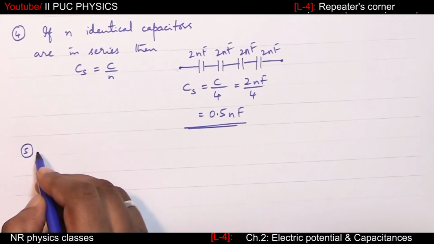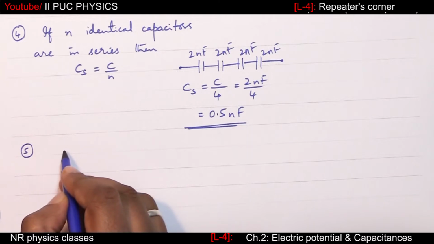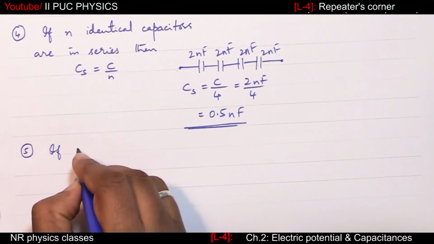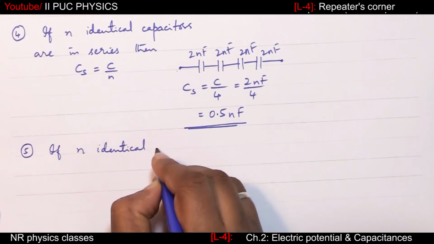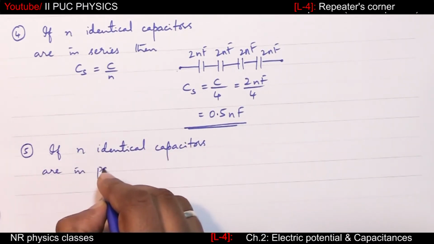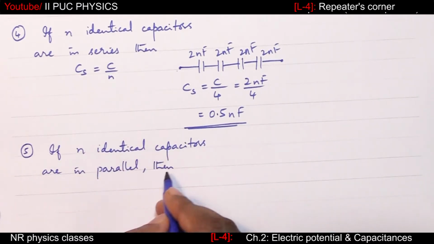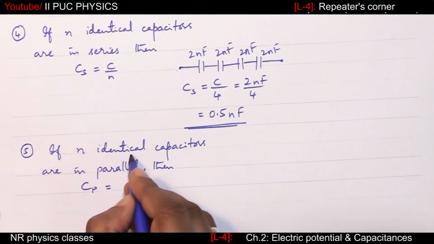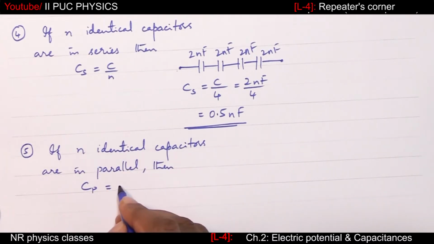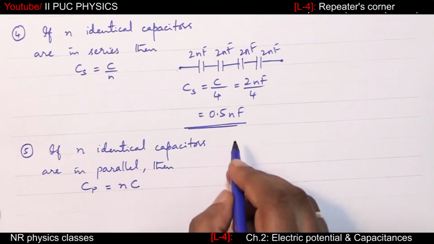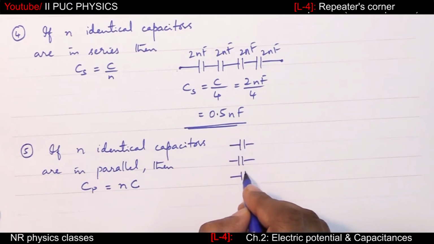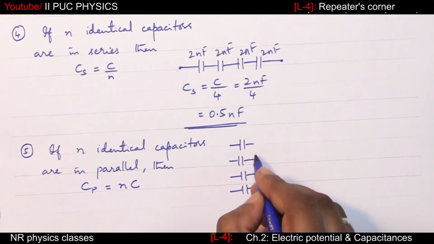If there are n identical capacitors in parallel, then Cp, parallel equivalent of n identical capacitors, is n times C. This is first, second, third, fourth.